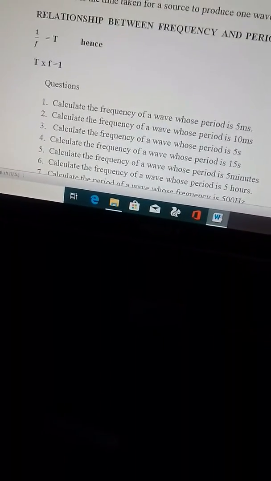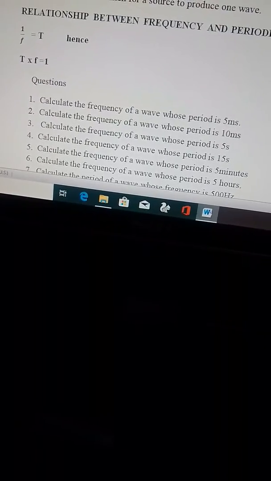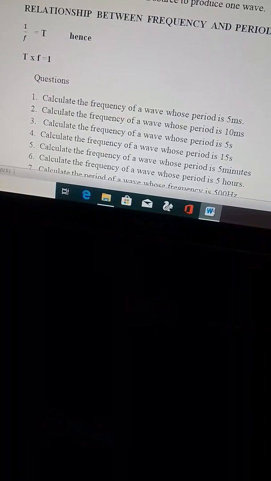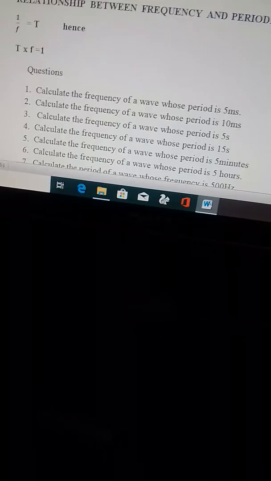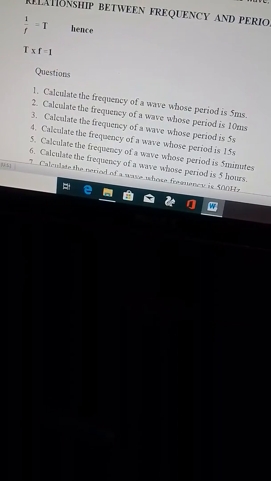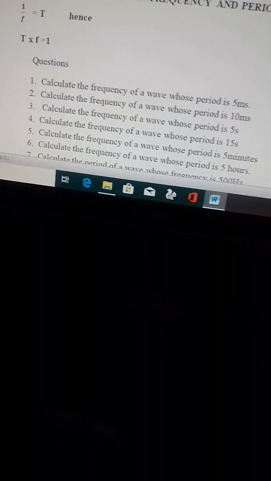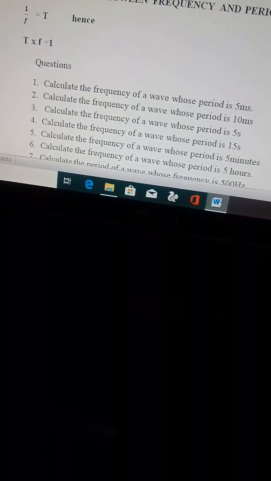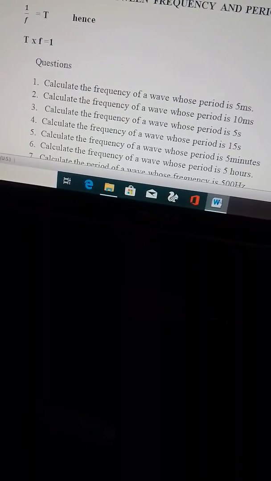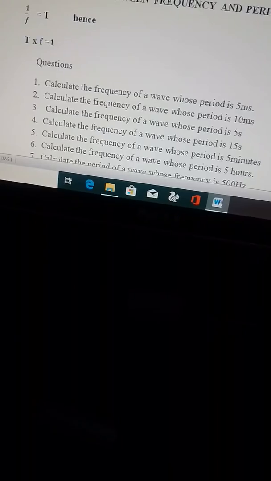Let us look at this question. Calculate the frequency of a wave whose period is 5 microseconds. So first we will say that frequency is equivalent to 1 divided by the periodic time.